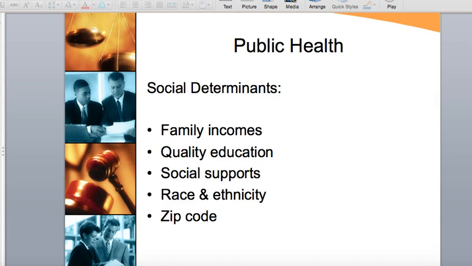We know that families who make lower income tend to have poor health than those who have higher level incomes, even middle class incomes. We know that the quality of an education system will have direct impacts on a community's overall health status and health outcome.